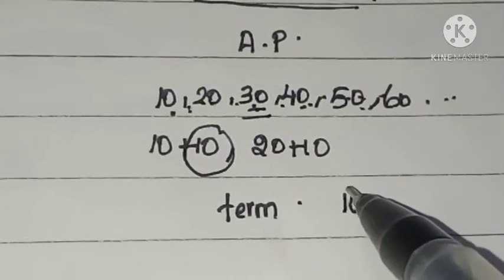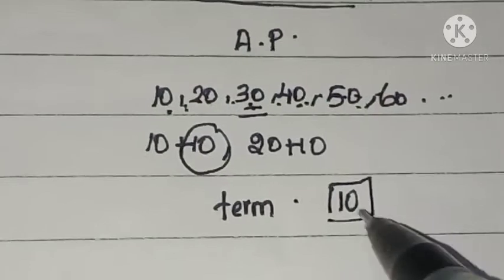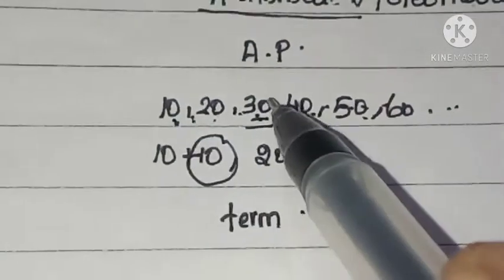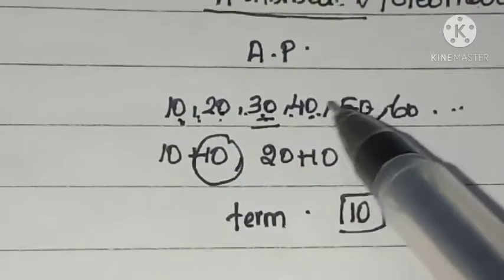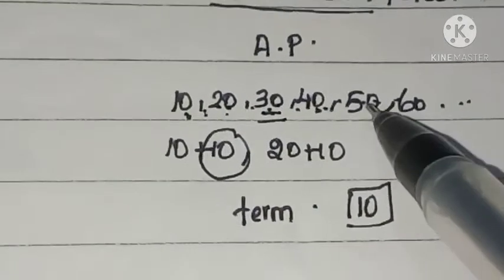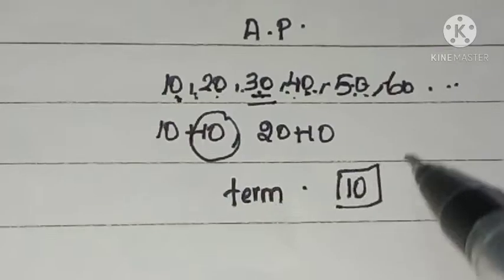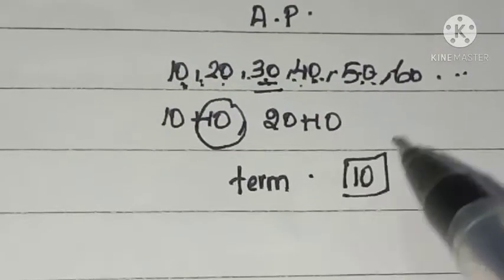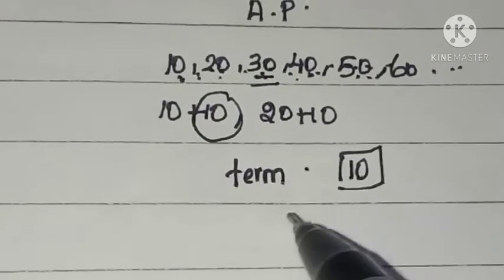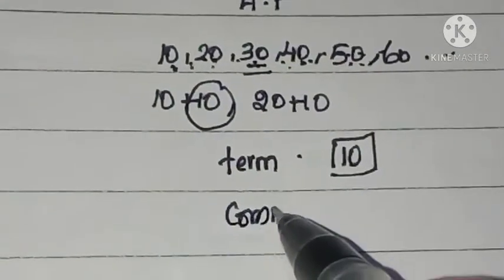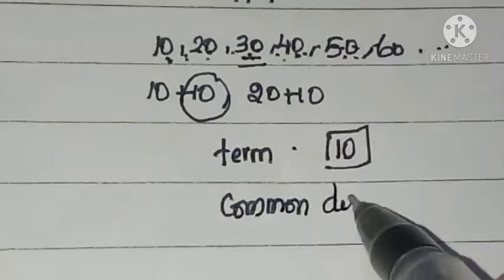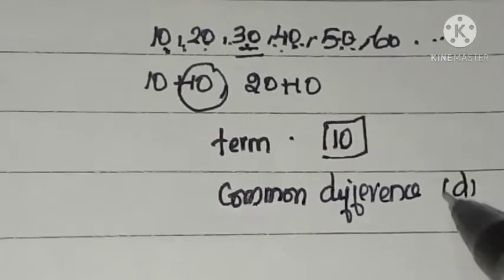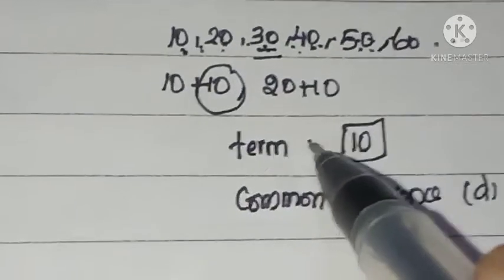This 10 is obtained as 20 minus 10, 30 minus 20, 40 minus 30, 50 minus 40 and so on, and therefore this difference is common, so we call this 10 the common difference. Common difference is denoted by the letter d.